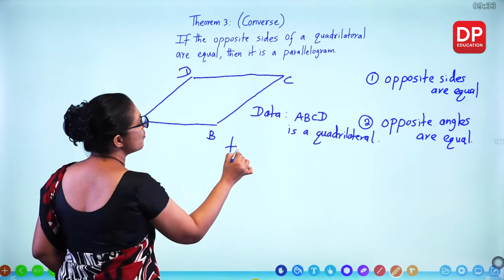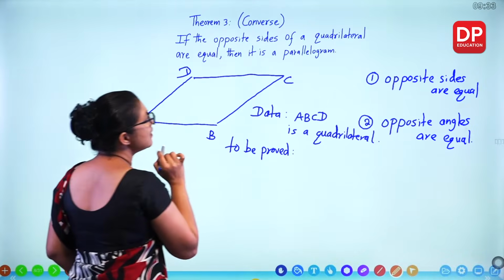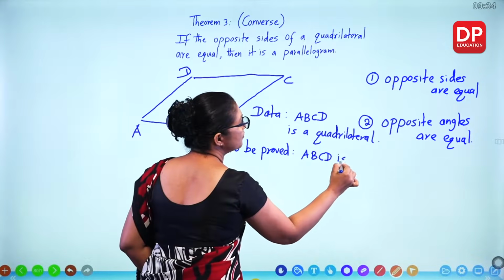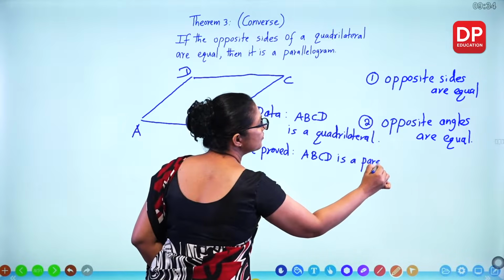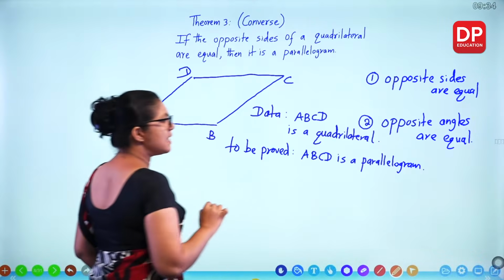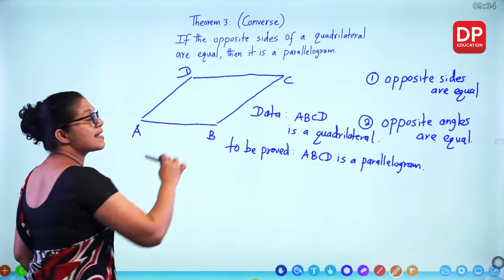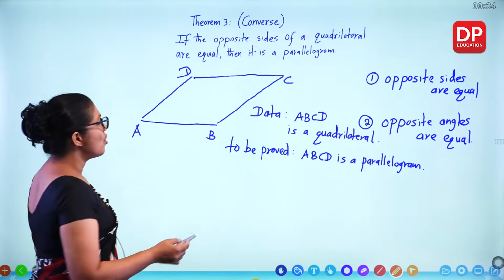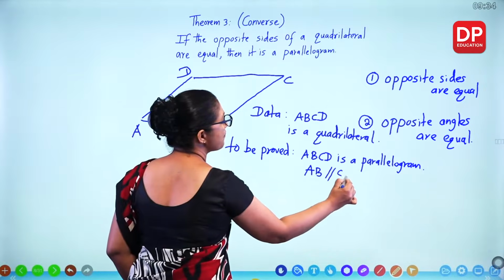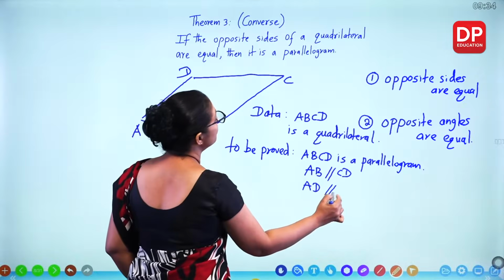You need to prove this is a parallelogram. That means, what's the definition of a parallelogram? Opposite sides are parallel. So you need to show that AB is parallel to CD as well as AD parallel to BC.